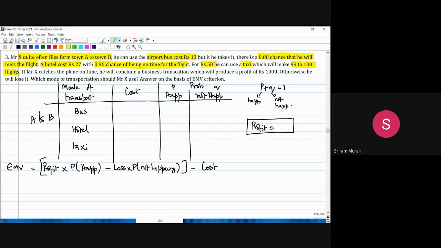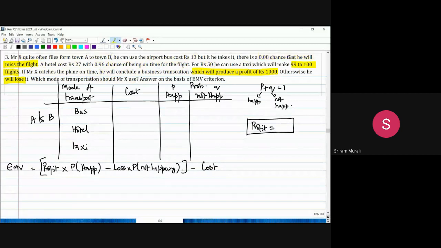If Mr. X catches the plane on time, he will conclude the business transaction, which will produce a profit of 1000 rupees. Otherwise, he will lose it. Which mode of transportation should Mr. X use? Which mode of transportation Mr. X may use means, what are the three components? If he wants to fly from A to B, there are three things he is using.